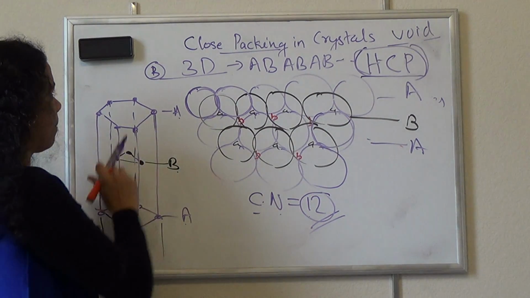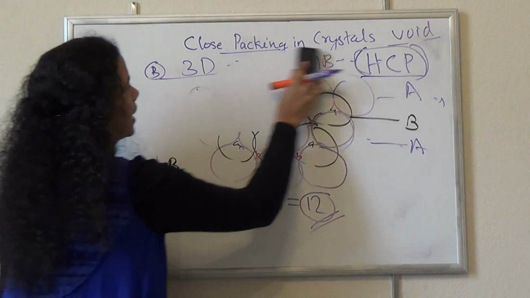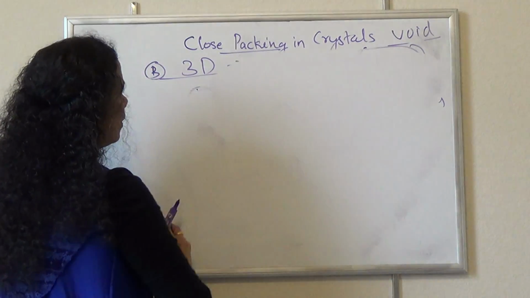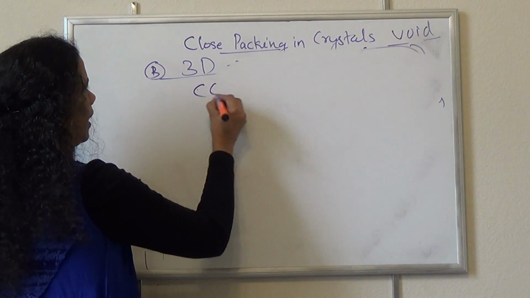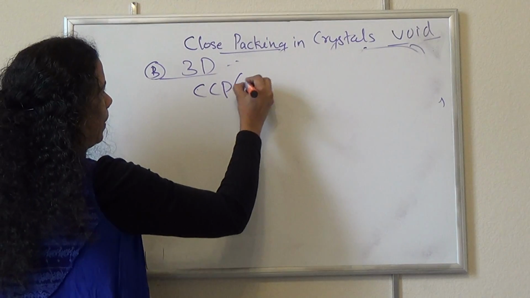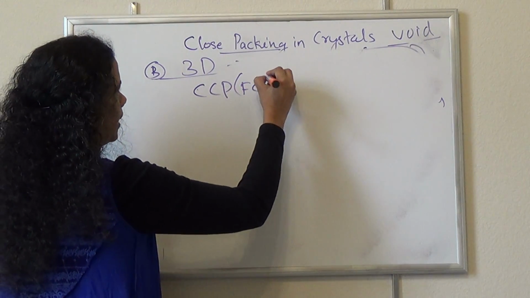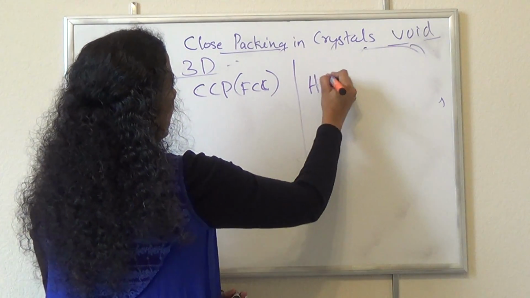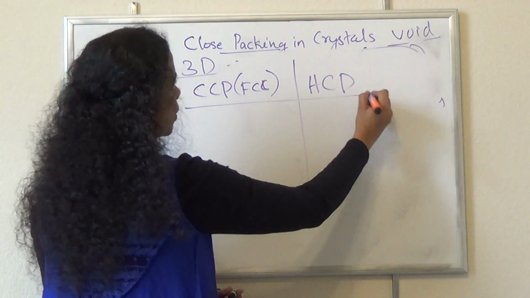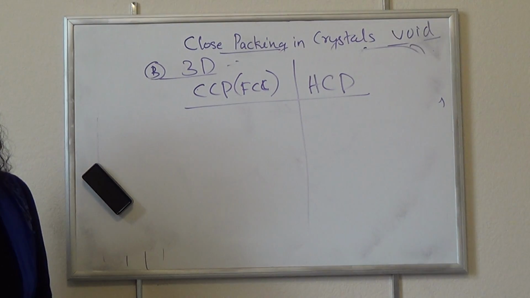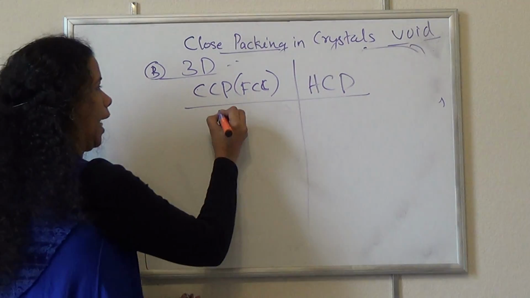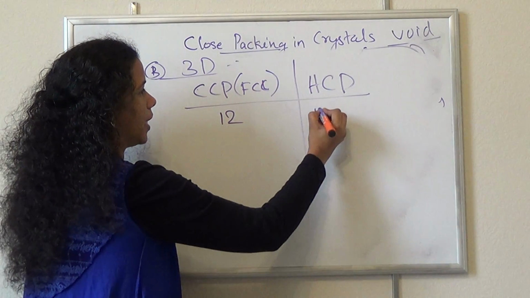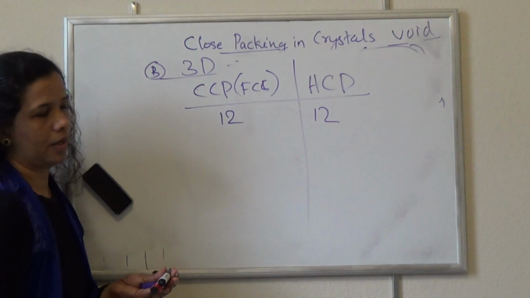So in 3 dimension, the actual crystal structure has 2 arrangements. One is CCP, it is also called FCC, and another one is HCP, hexagonal close pack. Both are equally close packed with coordination number 12.